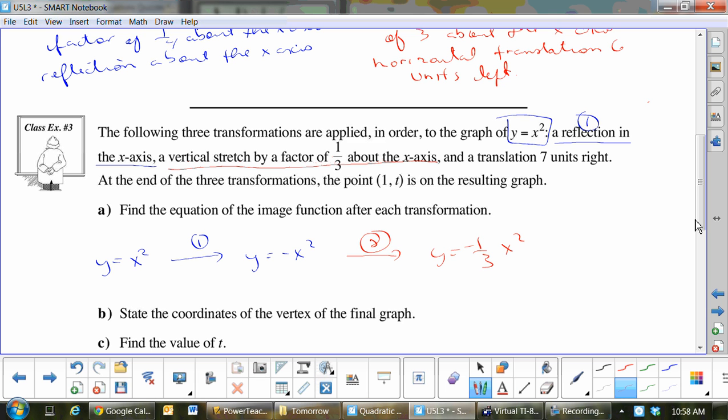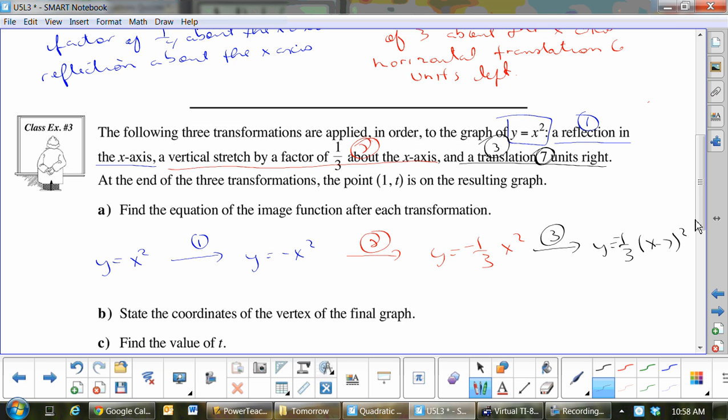Okay, so we finished number 2. We're going to do number 3. What would the new equation look like after number 3? Carly? Y equals negative 1/3 (x minus 7) squared.